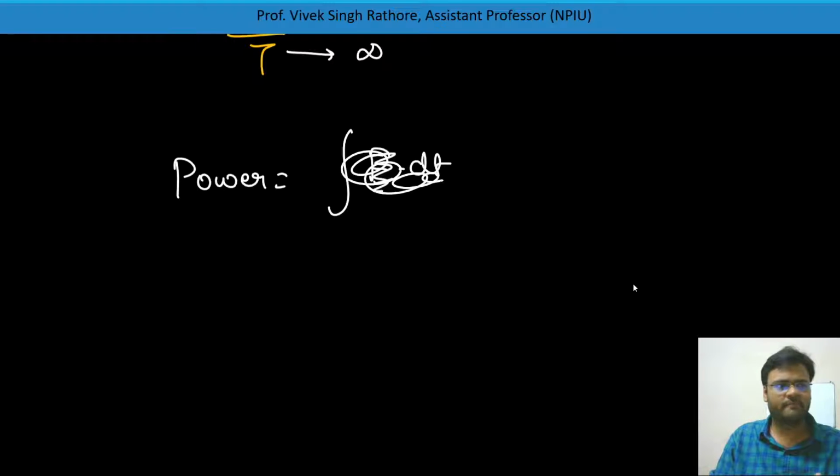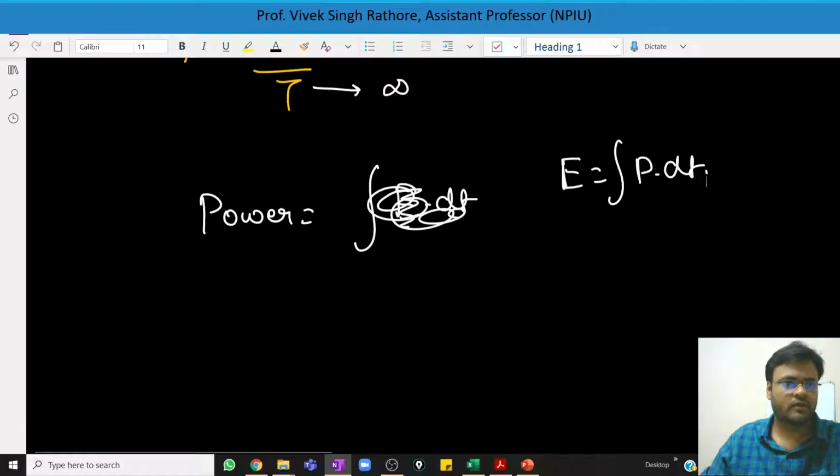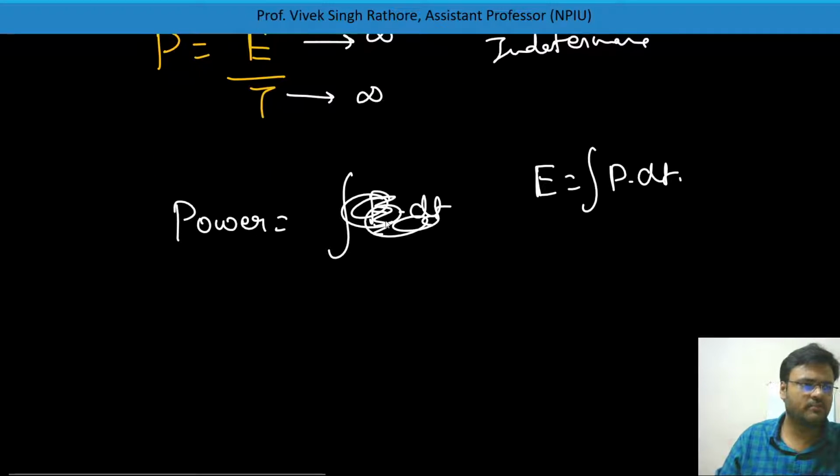So power is equal to 1 by T. Now E is equal to P into dt, you know very well. So what we'll do is we'll differentiate it, and then we'll integrate it, and then we'll divide by the time period. See, what I was telling, actually slip of tongue. P is equal to E by T is there. P is equal to E by T, no problem is there.